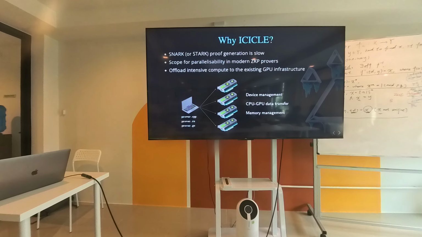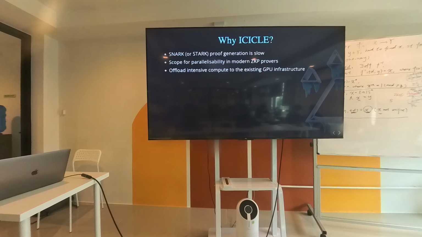You can basically use Icicle if you have your prover written in any of these 3 languages. And we'll come to what new languages we are working on for the future. So what Icicle tries to do is let the developer focus on math and leave the acceleration part to Icicle.